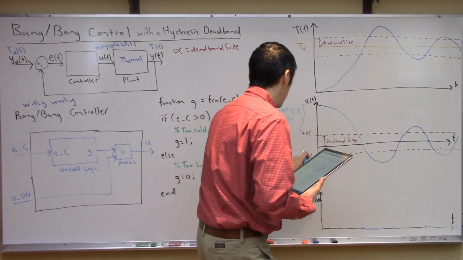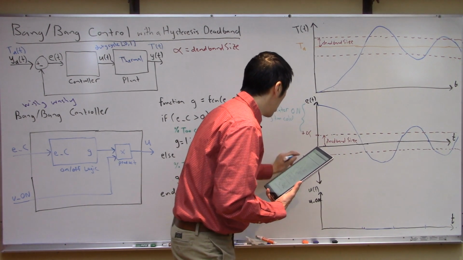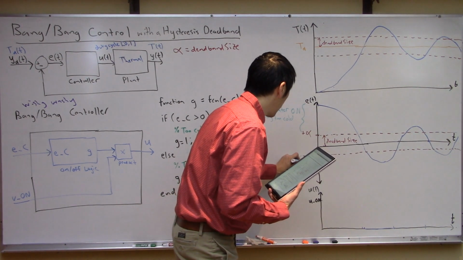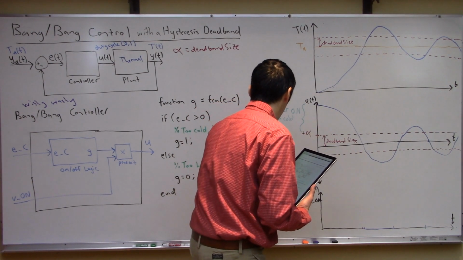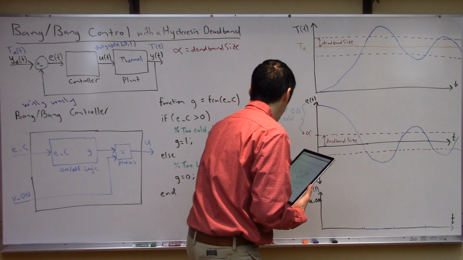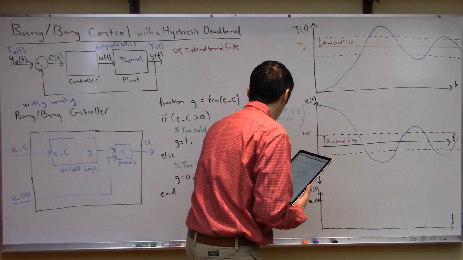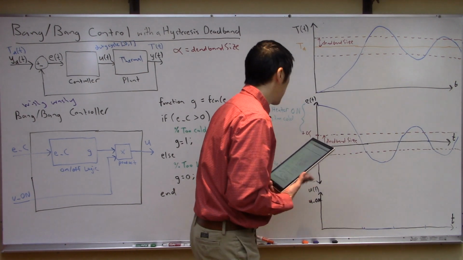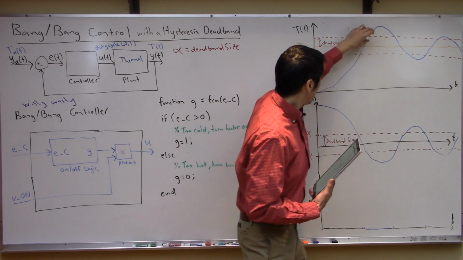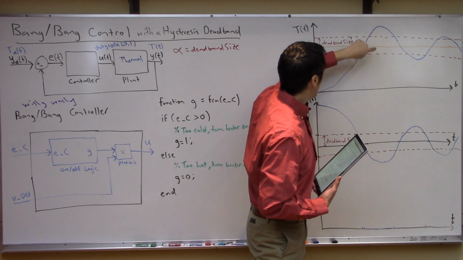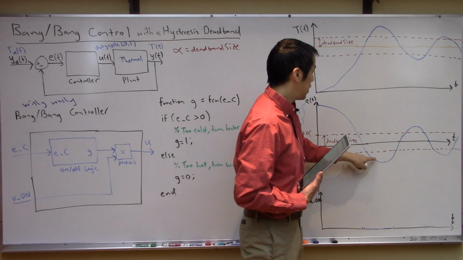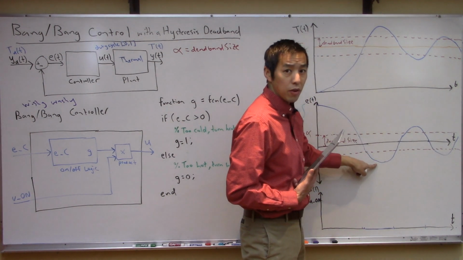Similarly, in this section down here, where you are in the negative alpha to negative infinity range, you definitely want the heater off, because you're way too hot. When your actual signal is way above your desired set point, it yields this very negative value, right?